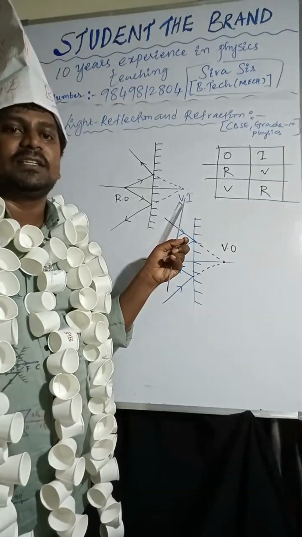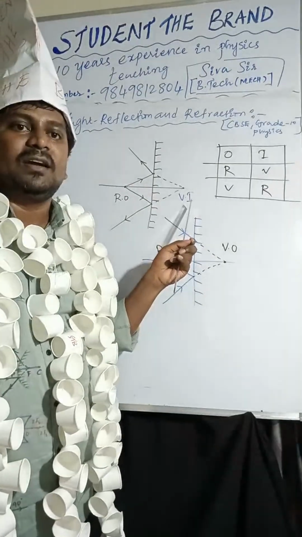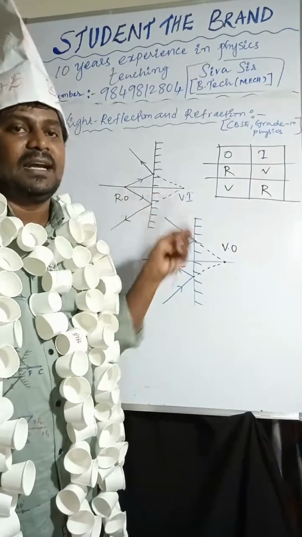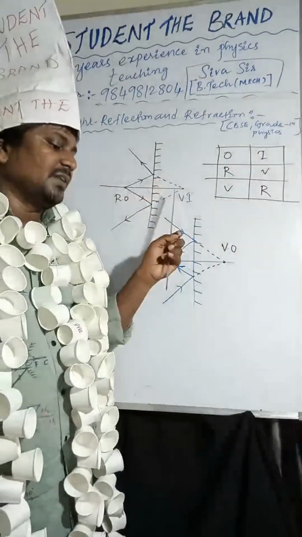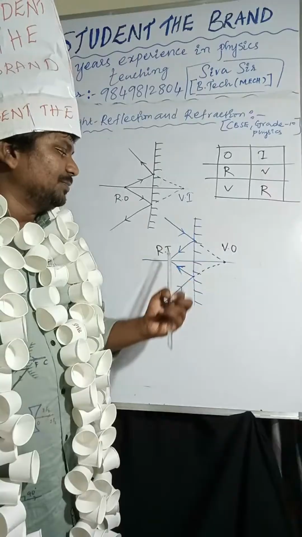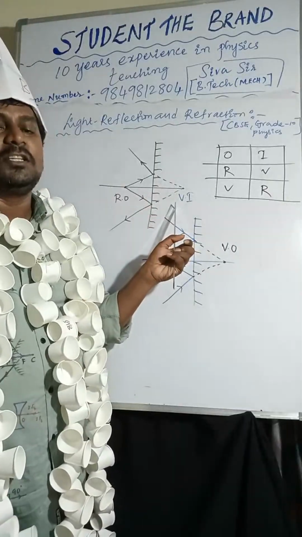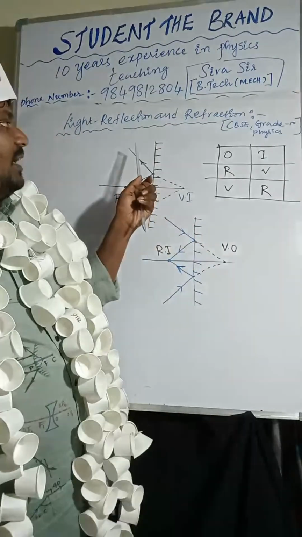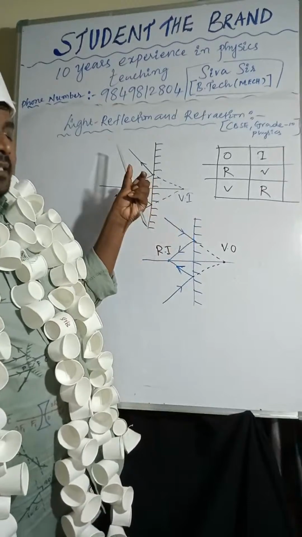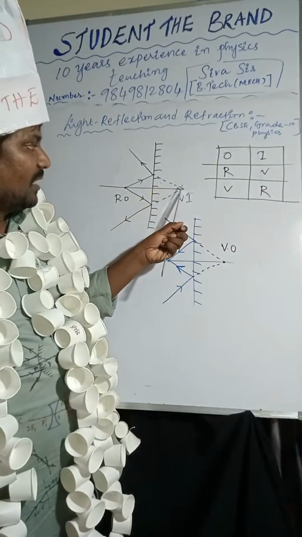If we are extending these reflected light rays, the point of intersection of extended reflected light rays forms a virtual image.